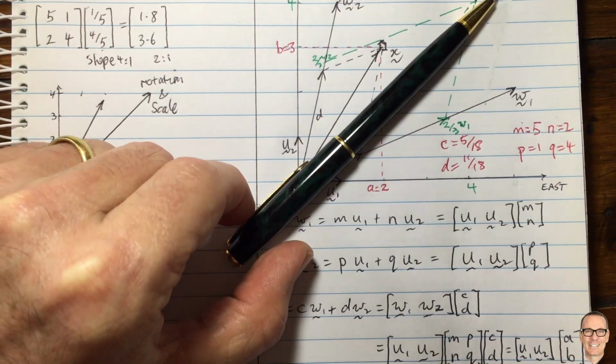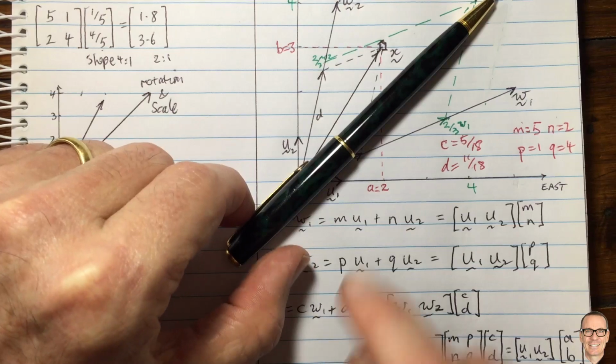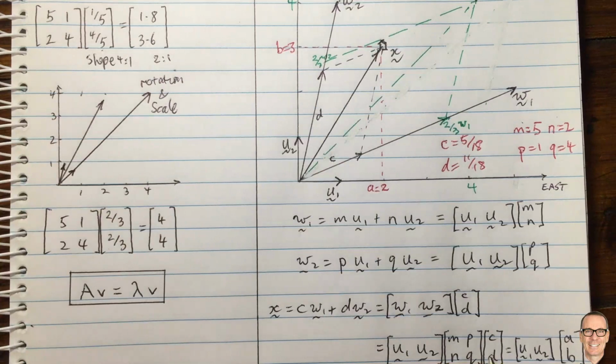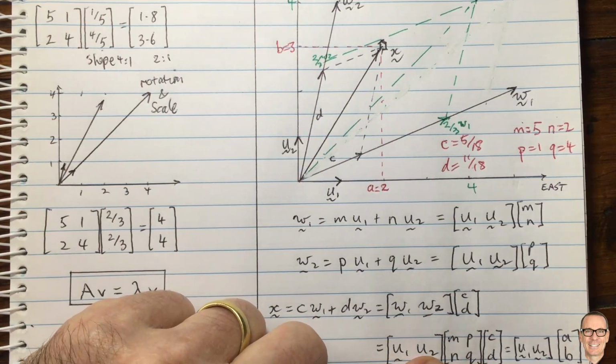But there are situations when it is orthogonal, when the other eigenvector is orthogonal. And that comes about when the transform matrix is symmetric.